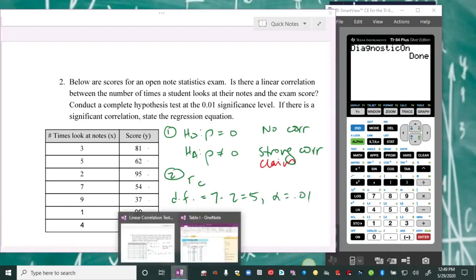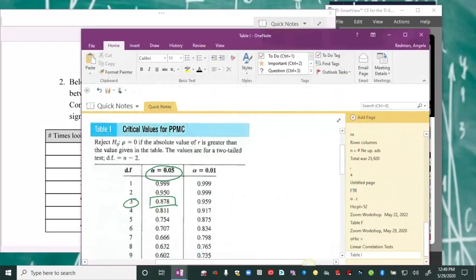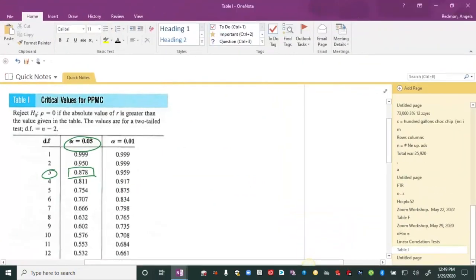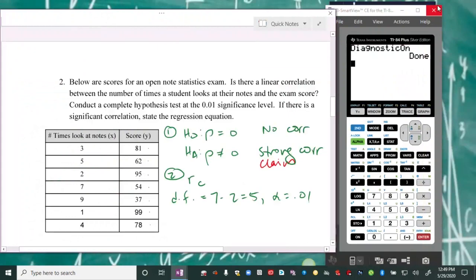Go ahead and grab table I. Here it is. In table I, this time we have 0.01, 5 degrees of freedom. So we're going to end up with plus or minus 0.875.